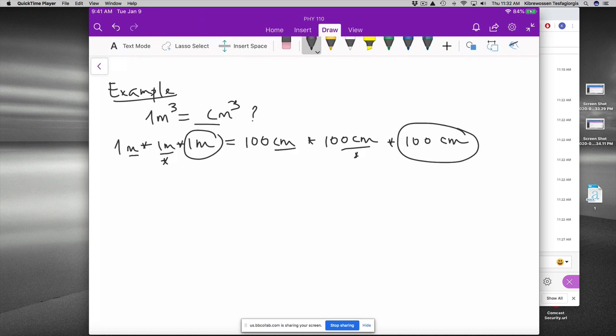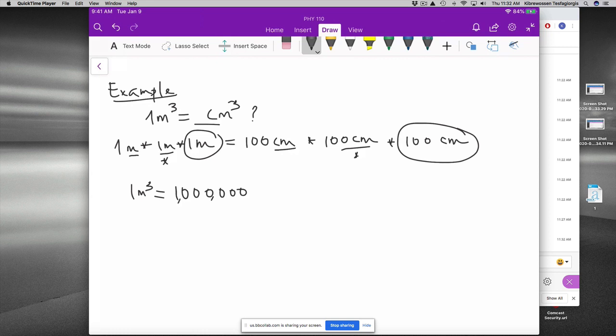This 1 meter cubed is going to be equal to 100 times 100 times 100. How many zeros? 2 zeros plus 2 zeros plus 2 zeros. That will be 6 zeros. Yep, very good. Excellent.